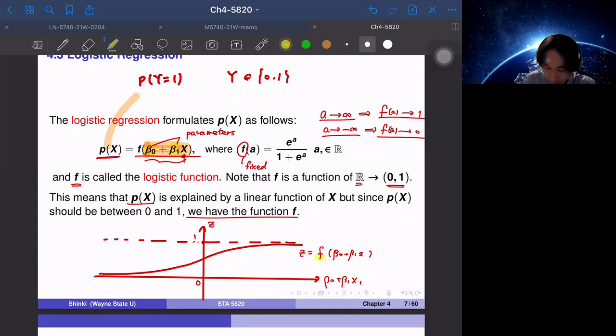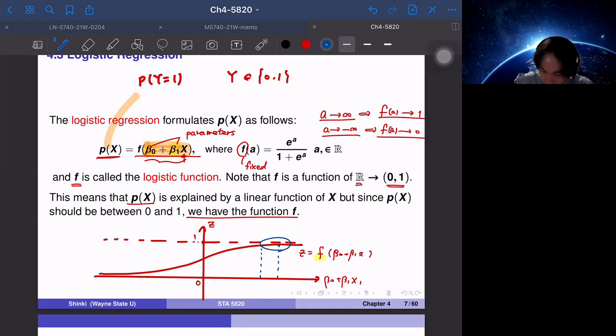So if we think about around this range, maybe x increases by 1, then the y value doesn't change much. Maybe the left-hand side, p of x, gets larger by only 0.01, maybe from 0.97 to 0.98.